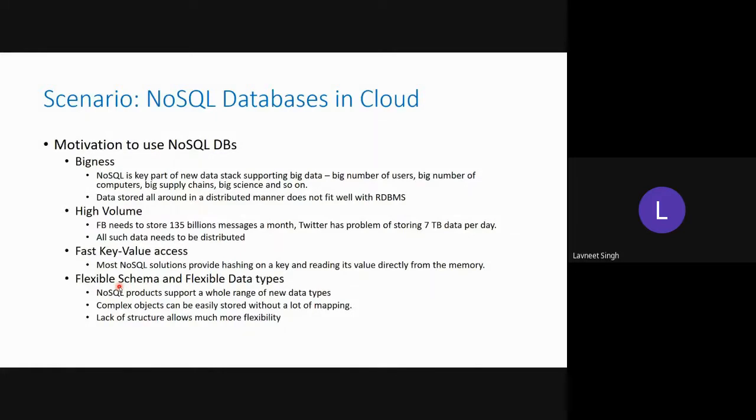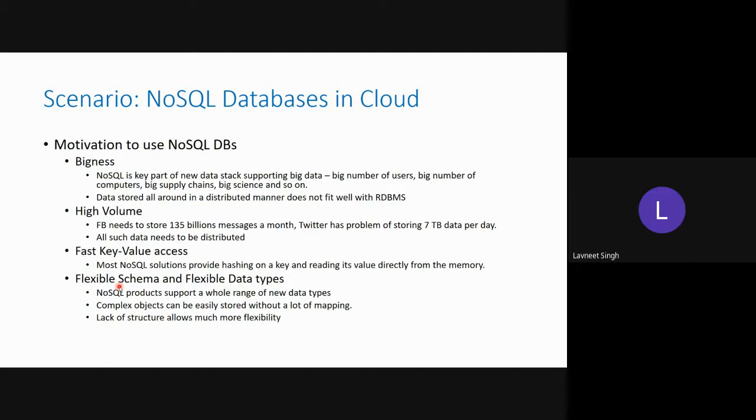Okay? But conceptually, what you are doing is changing the schema of the object so that it can fit the schema of the table, right? That is a thing that you need to do on the object.